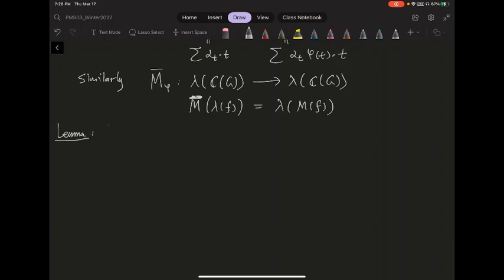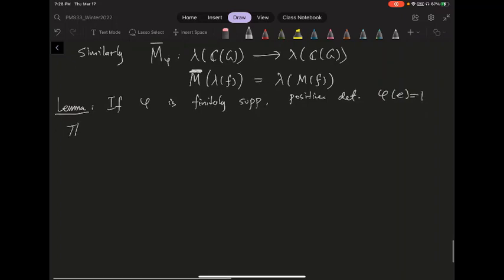If your phi is finitely supported, and if it's positive definite, and if phi of e is equal to 1, essentially all the conditions we saw from condition number 3 we proved last time.